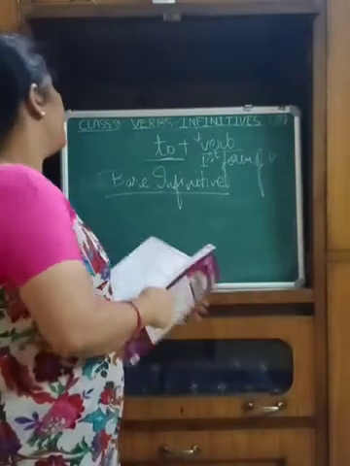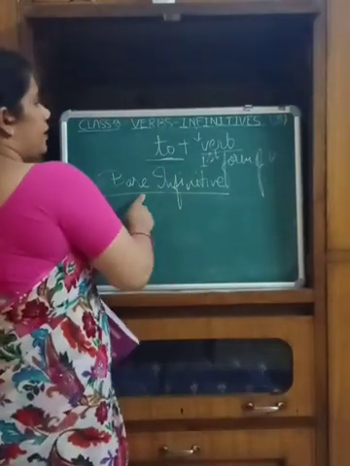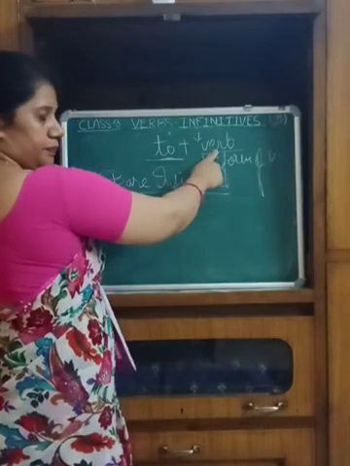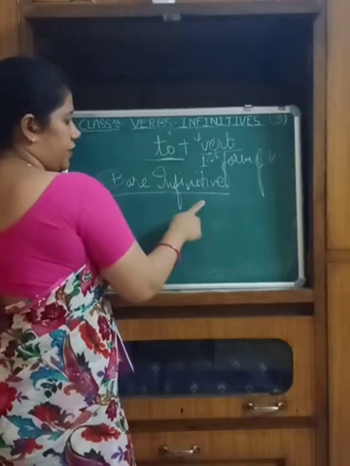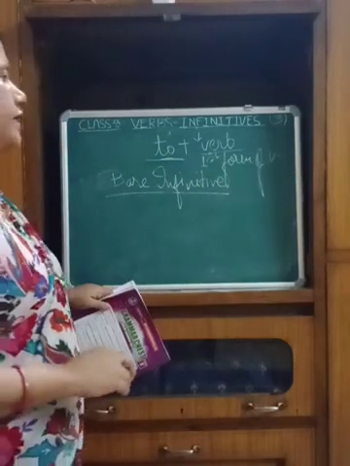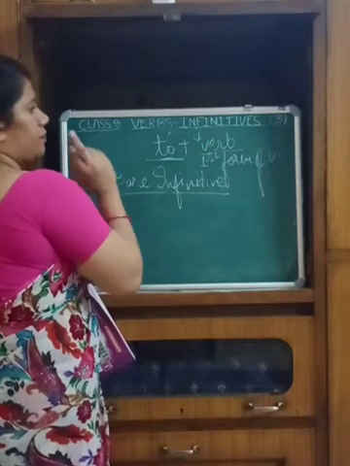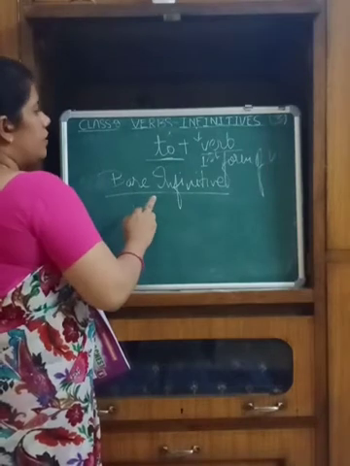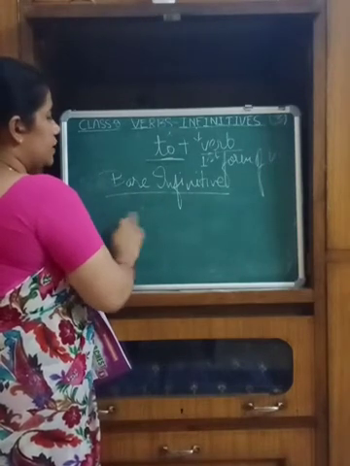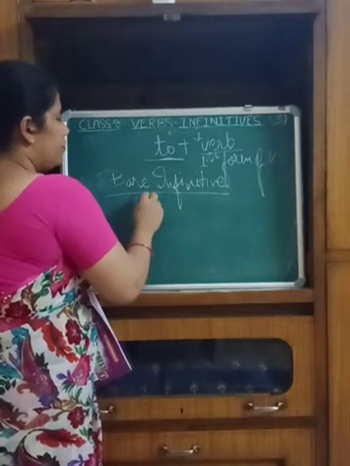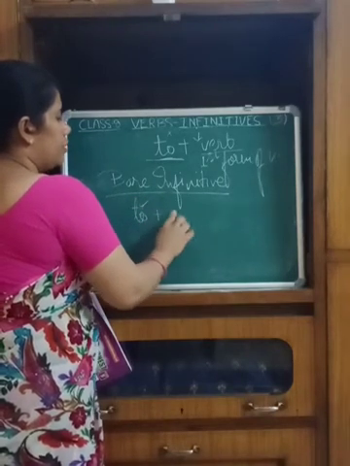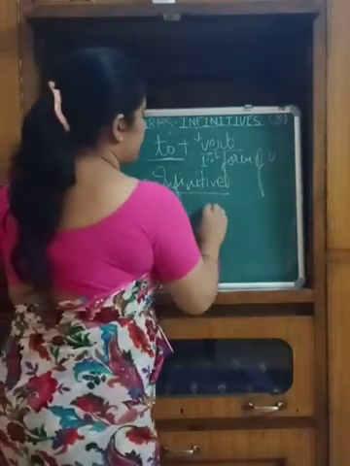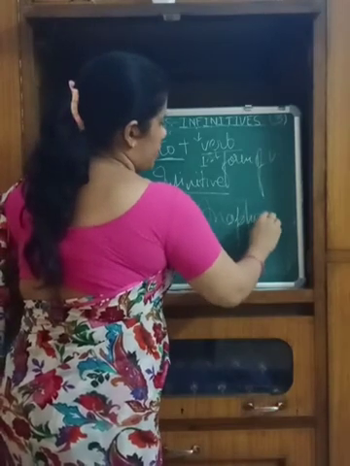Here I told that when we are not using the to and are writing only the verb, it is known as the bare infinitive. But sometimes in our sentences we are only using the infinitive to and we are dropping the verb, and then it is known as the anaphoric to.